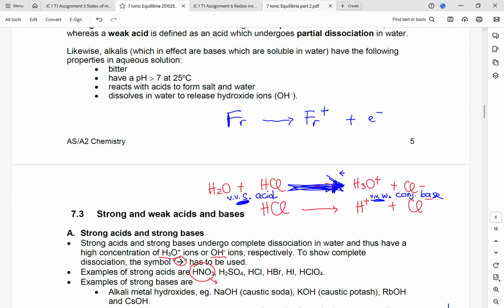So this is a very, very reactive metal. Now, what happens to the francium ion once it is formed? Does it want to gain this electron back and form francium metal again?